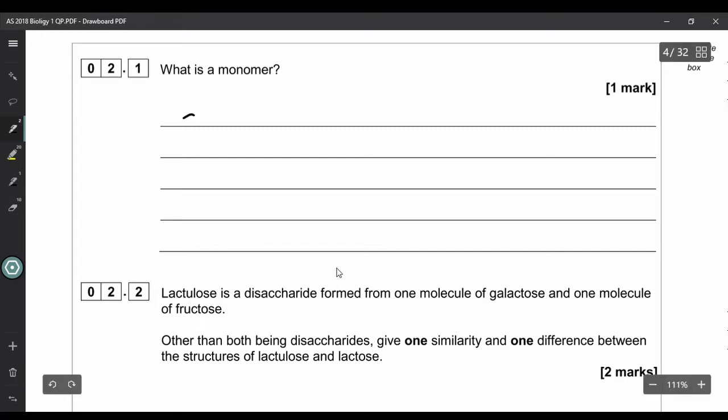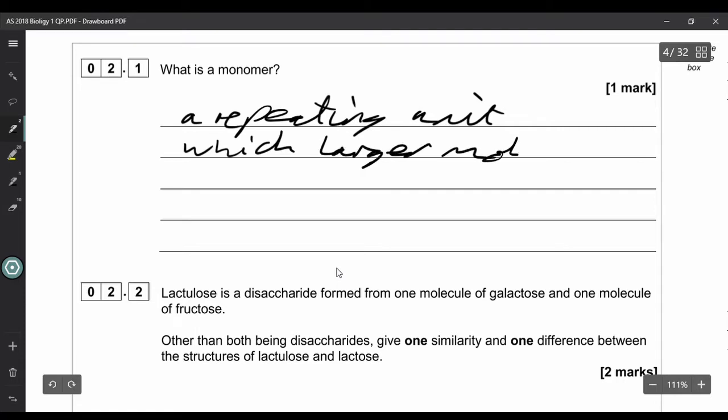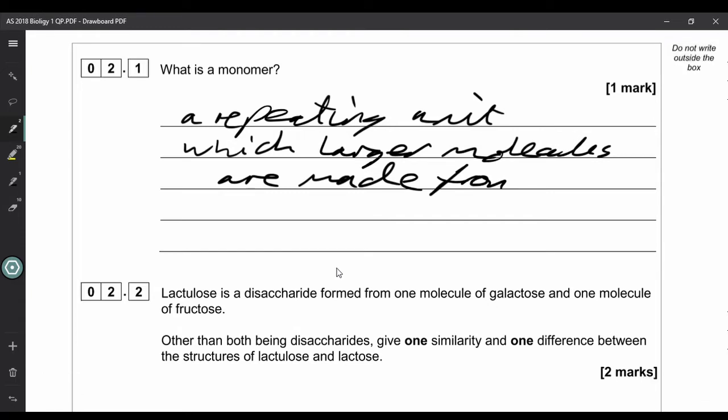So we need a repeating unit, which larger molecules are made from. So you need the idea that it's part of a larger molecule and it's the monomer is this repeated to make that larger molecule.